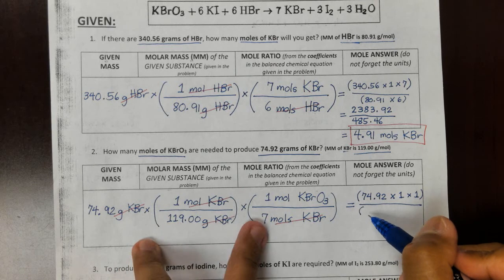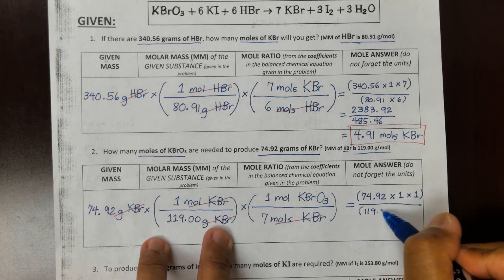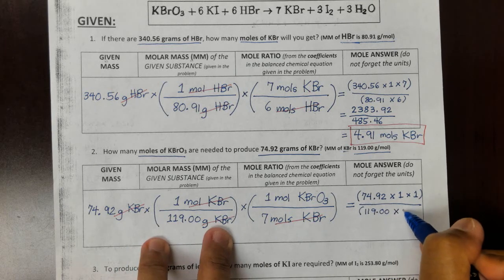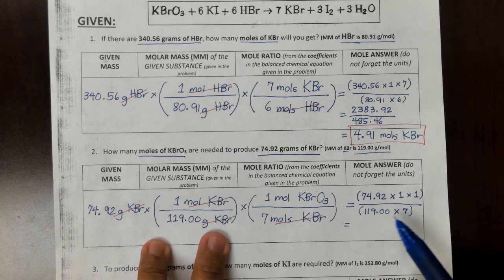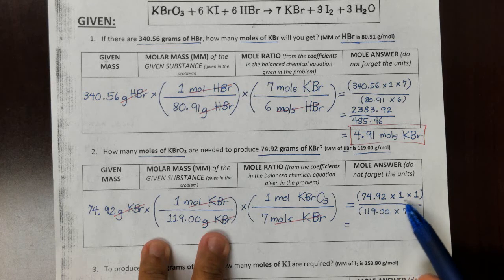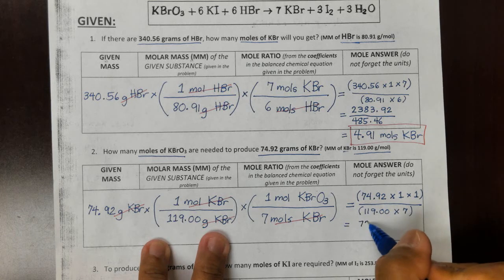So we have 2 numbers at the bottom. We have 119.00 times 7. Okay? Then we multiply top and bottom. 74.92 times 1 and times 1 will just give us 74.92.